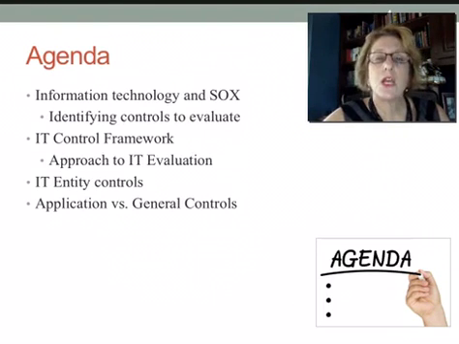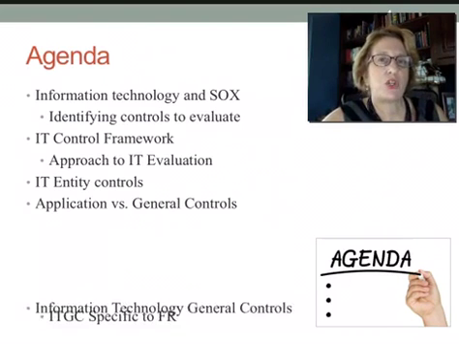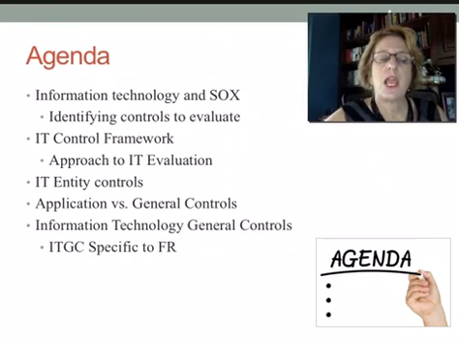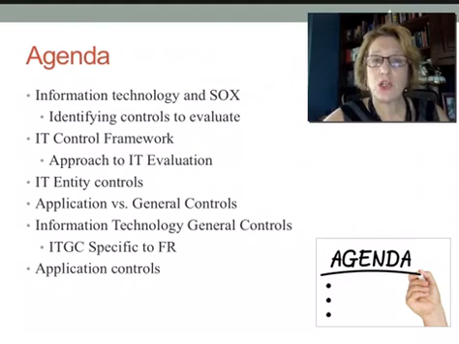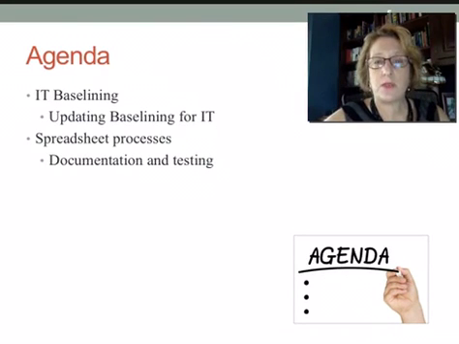In the first section, I'll talk a little bit about the variance between application controls and general controls, and then I'll get more into the specifics of general controls and general controls as they relate to financial reporting. We'll then do the same thing with application controls and talk about those specifically.